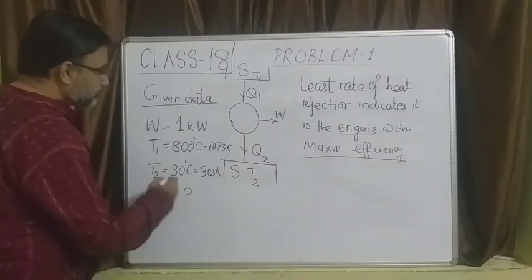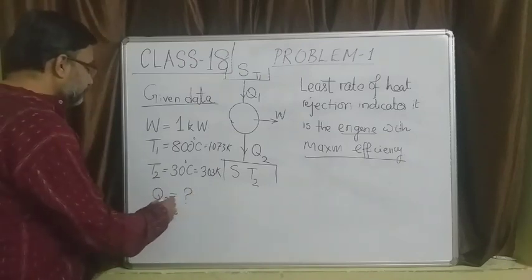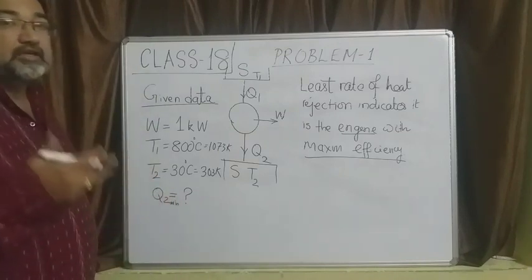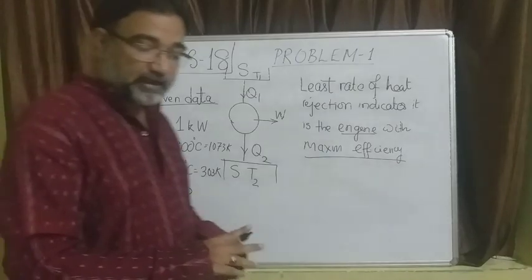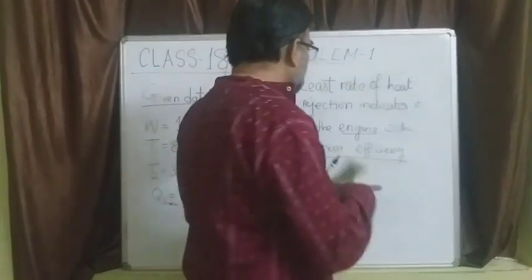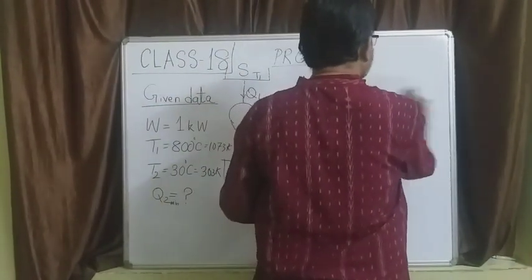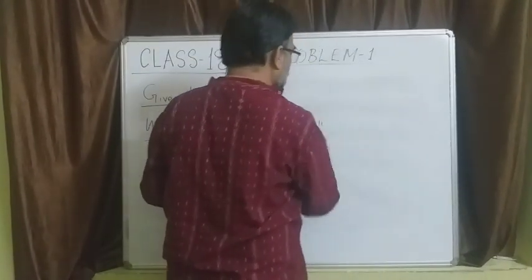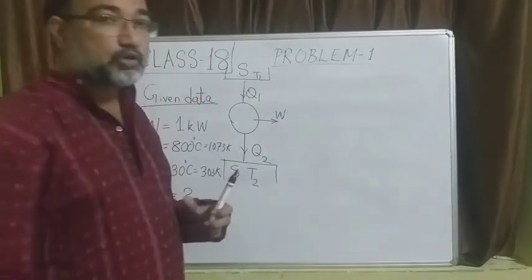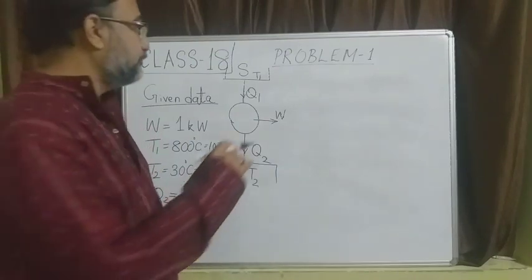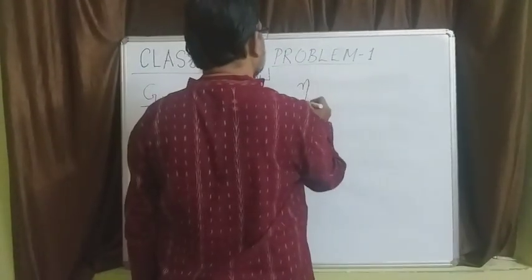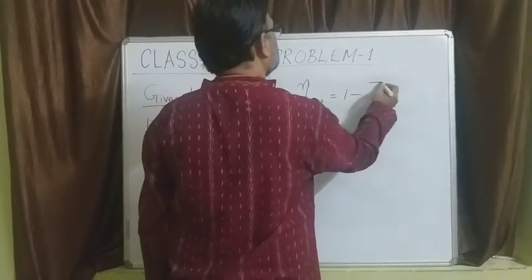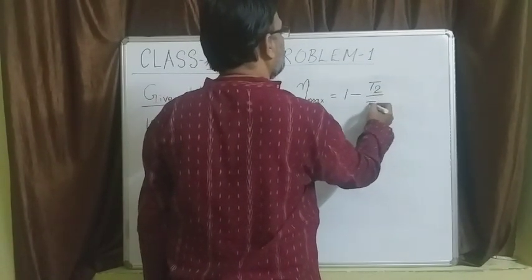What is the value of Q2 minimum? Minimum value of Q2. And Q2 minimum means efficiency should be the maximum. And we know the maximum efficiency of an engine, provided the source and sink temperatures are given to us. So this is a problem where source and sink temperatures are given. So eta maximum is 1 minus T2 by T1.